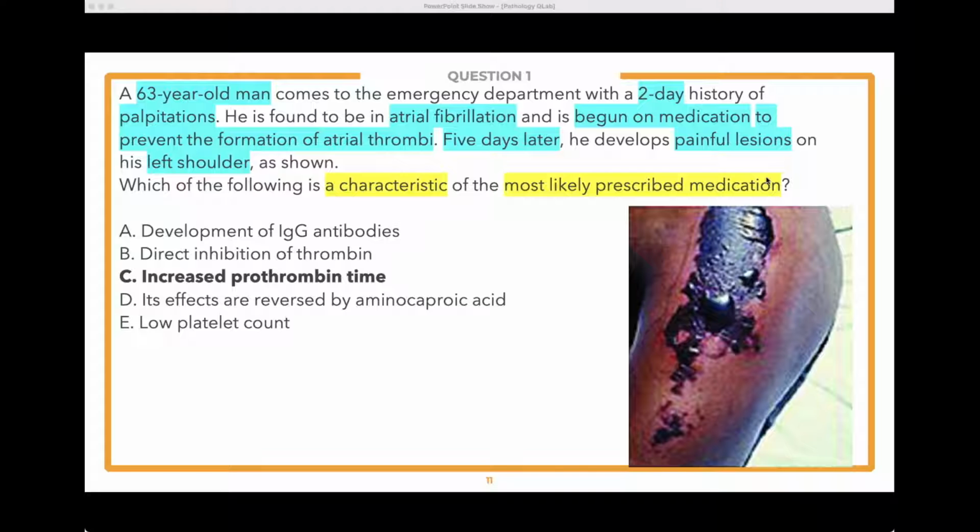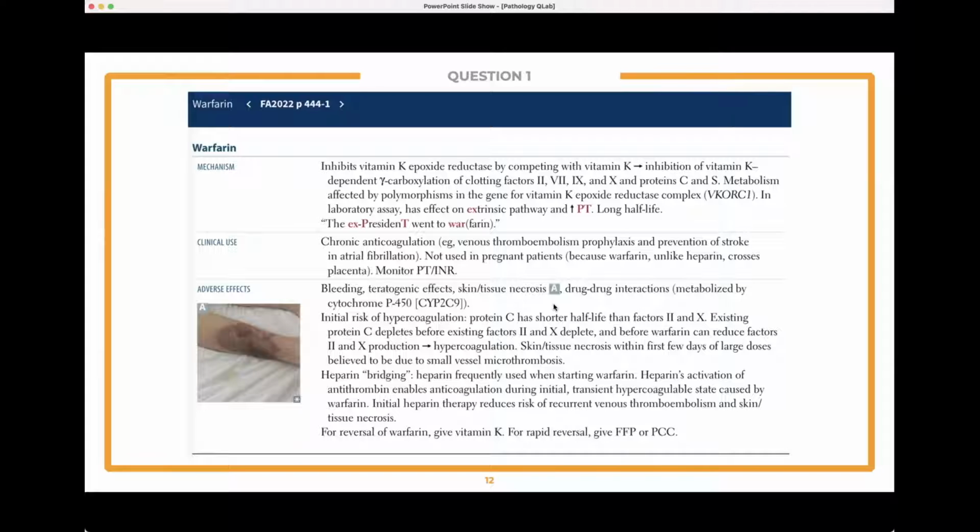If we take a look at the next slide, this is our First Aid table on warfarin. And you can see there, one, that warfarin, its main effect is on the extrinsic pathway, so it increases the prothrombin time. Okay. And if we look under that adverse effects row, that second sentence, there is an initial risk of hypercoagulation.